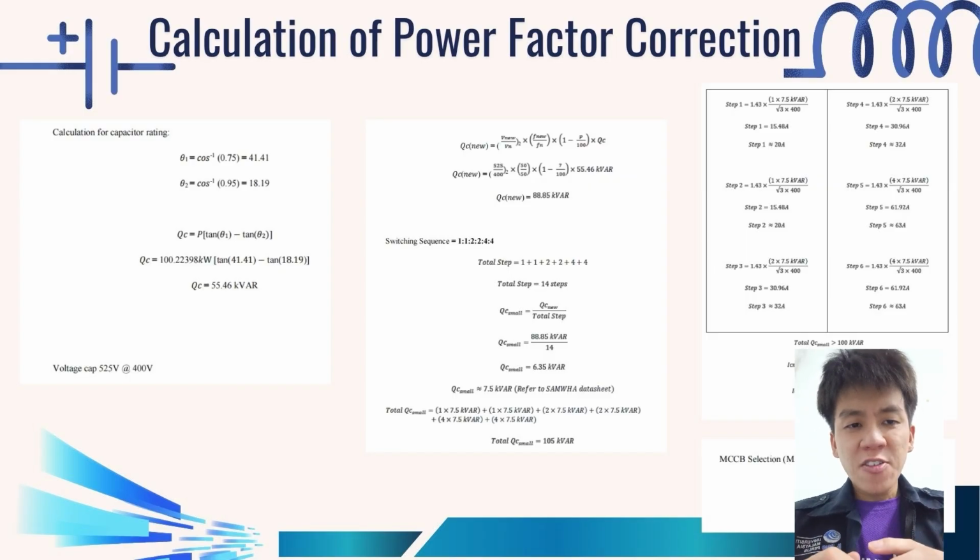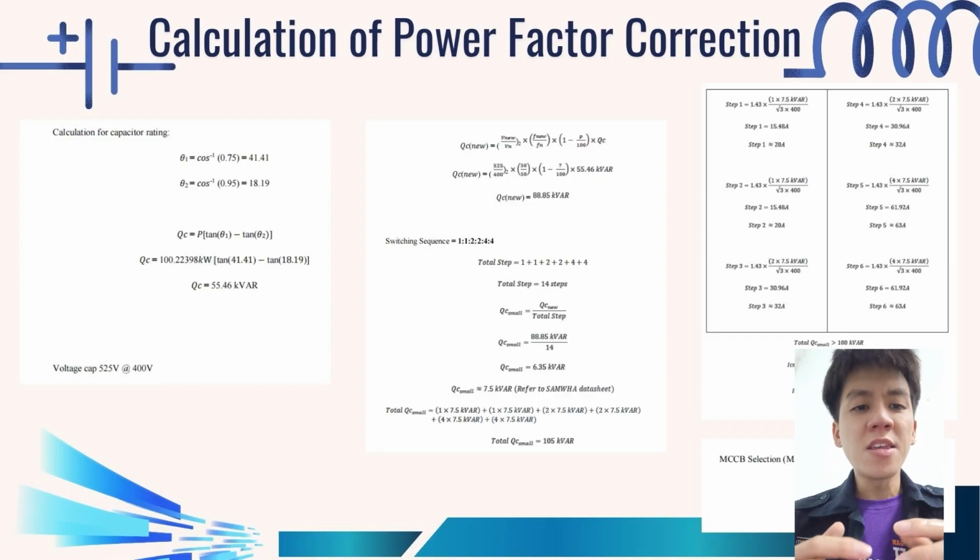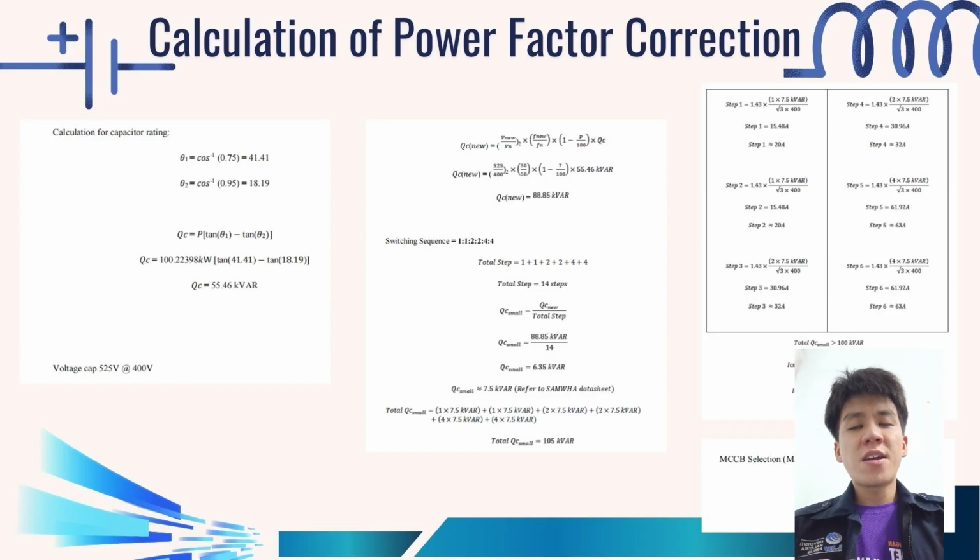We apply a switching sequence of 1, 1, 2, 2, 4, 4 using a micro power factor regulator. The calculated single capacitor size is 6.35 kVAR, but we choose the nearest available rating, which is 7.5 kVAR from the Blend Shower capacitor. So the total capacitor bank size we use is 105 kVAR.